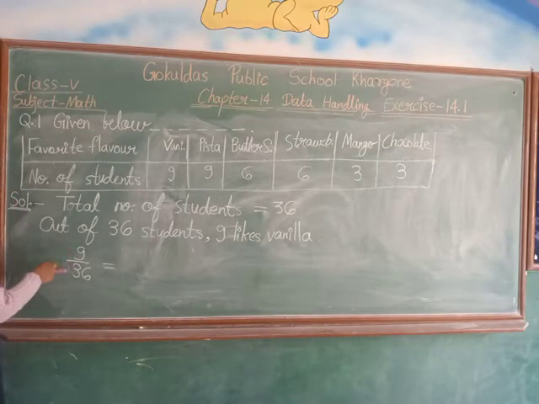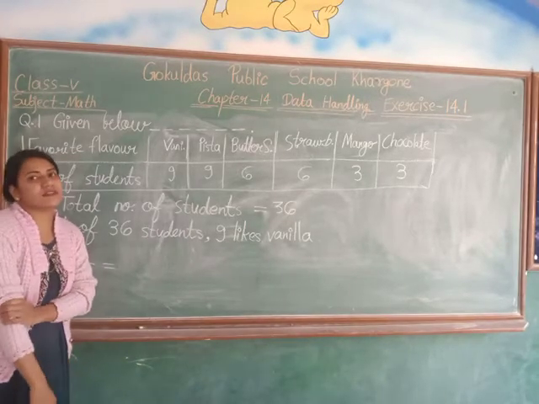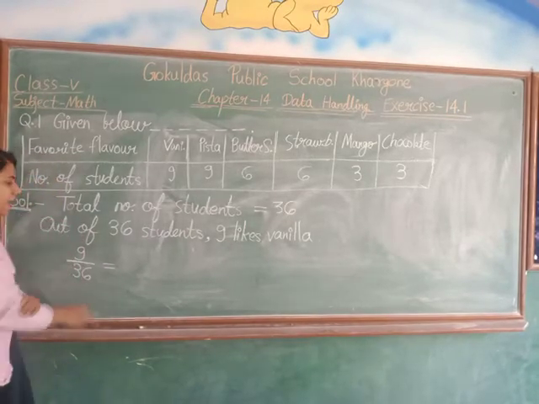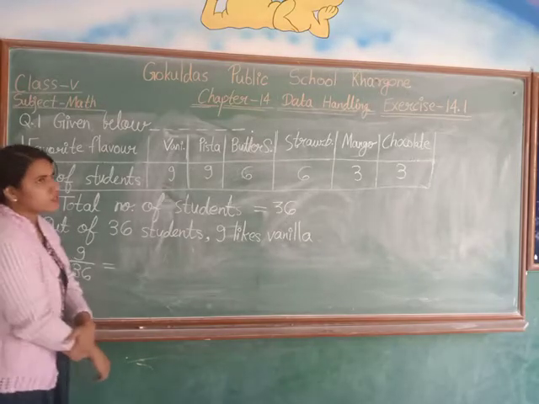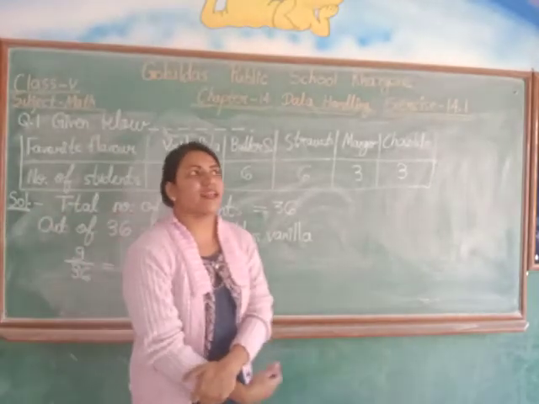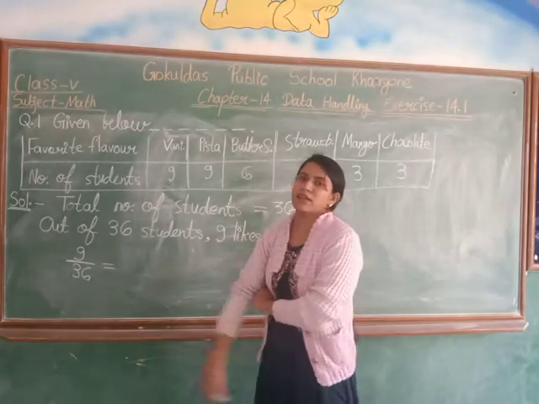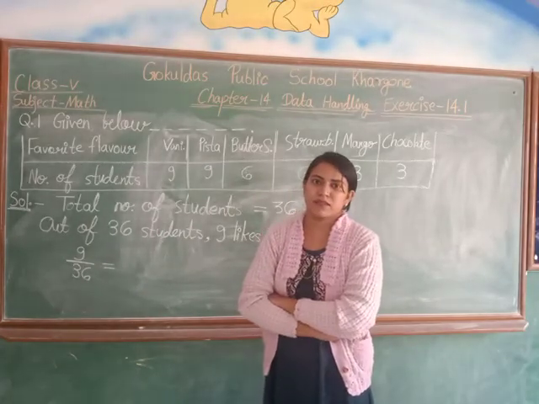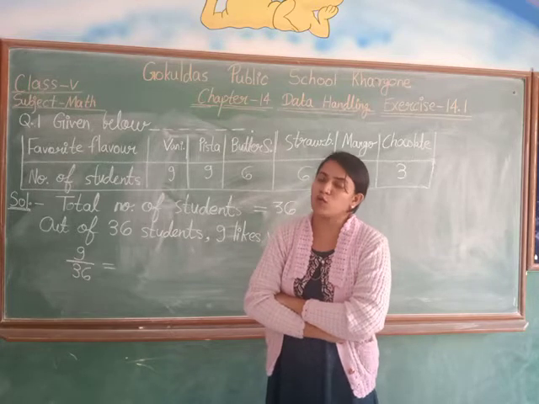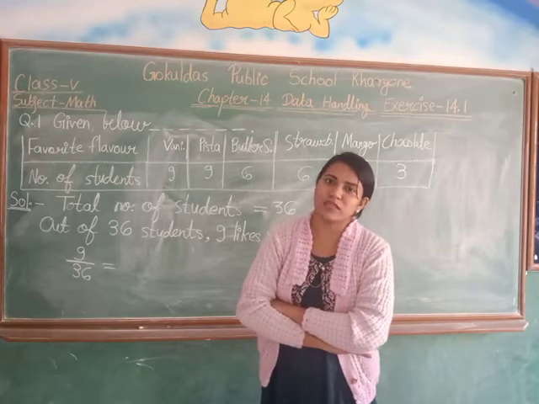Okay. Now simplify it. Write 9 upon 36 in its lowest form. We have already done so many questions based on this. We already studied how to convert a fraction into its lowest form.